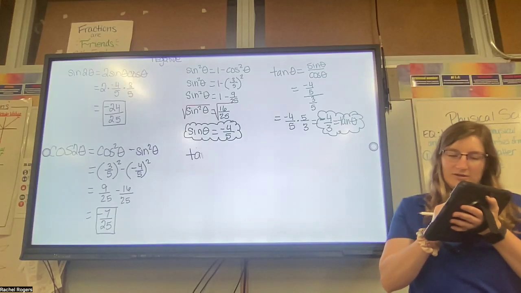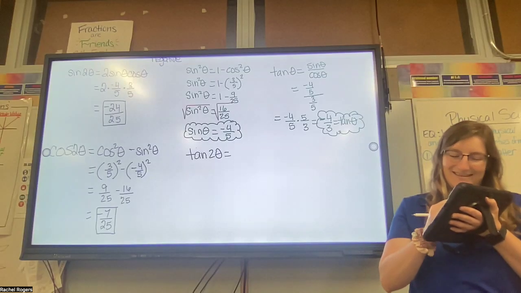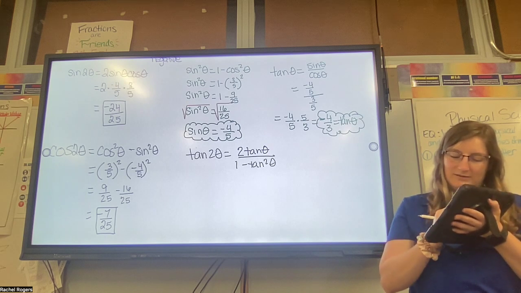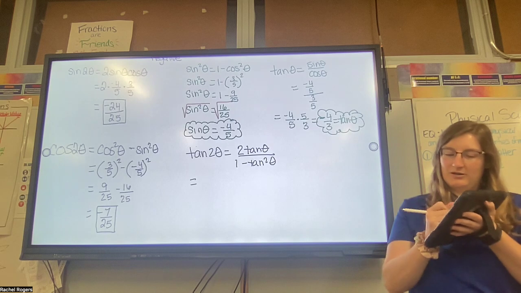And then tangent of 2 theta is 2 tangent of theta over 1 minus tangent squared of theta. So now we just got to plug in our tangent of theta.